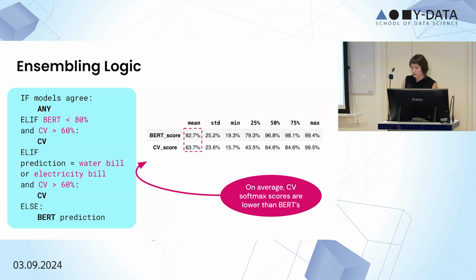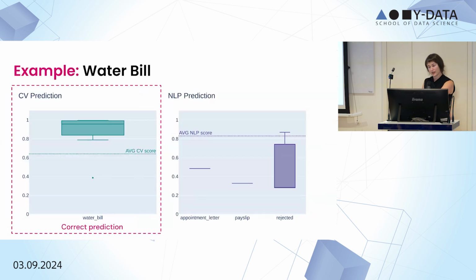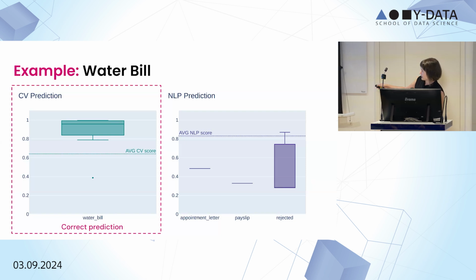Else, we're using BERT predictions. And I know it's a little too much to imagine, so let's look at an example. I took the test set and I took all the water bills from this test set. And I took the cases when the computer vision model was predicting the correct answer. This is the left box plot. And we see that it was predicting water bill very, very confidently, because the average score is 63%, but it was predicting with a score between 80% and 100%.